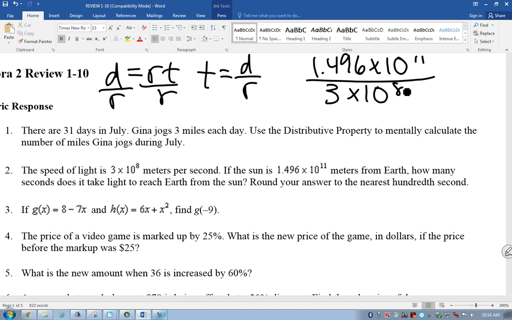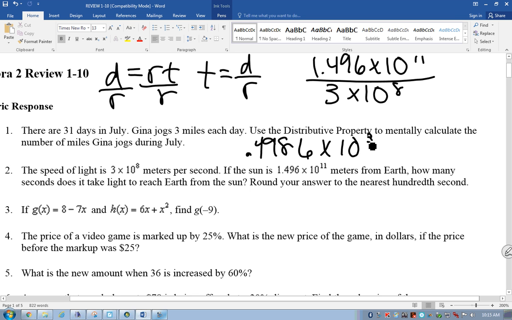That should give me a decimal answer of 0.4986, right? Now I've got 10 to the 11th over 10 to the 8th. That means I'm going to take 11 minus 8, or I can move 10 to the 8th up and it becomes a negative 8. I'm still taking 11 minus 8, but I'm getting times 10 to the 3rd.